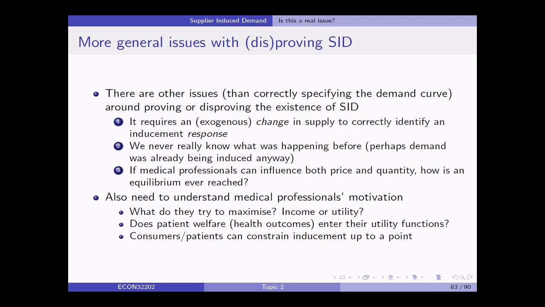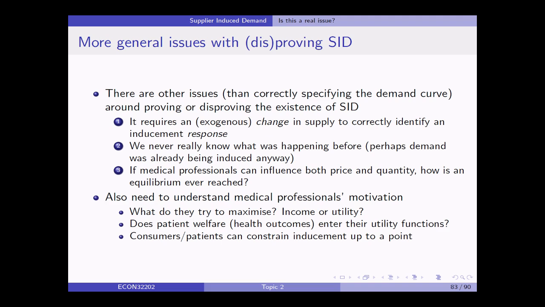So you need it to be completely unobserved or exogenous. Obviously that's not going to be the case. You can't just transplant a GP from one place to another. You have to build the facilities, you have to have the infrastructure. People can see that happen. You need to register to practice medicine. You can't just turn up and start being a medic. So you can't really have an exogenous shift in supply.